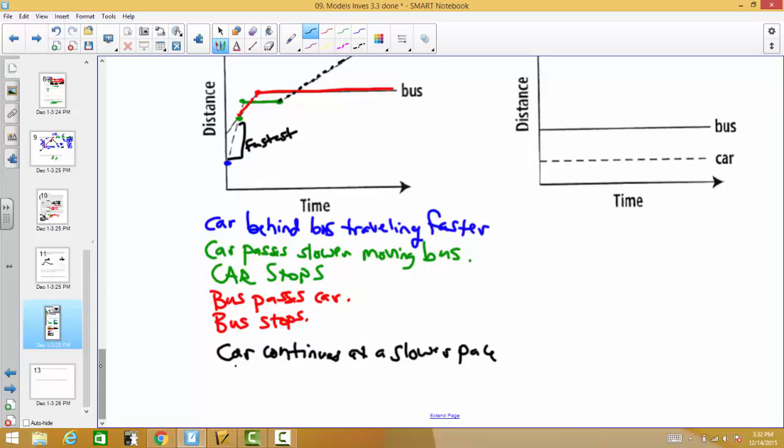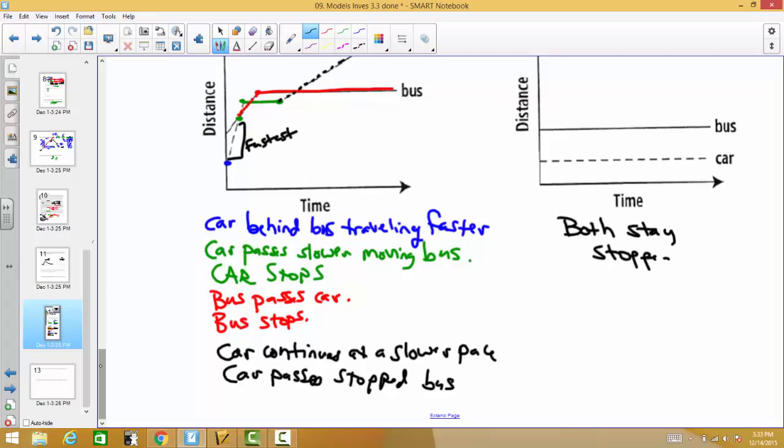And then the car passes the bus. And the last one, they both stay stopped. There is no spot where they're traveling fast at all. They're both stopped. They're at the same distance, so there's nothing to circle there.